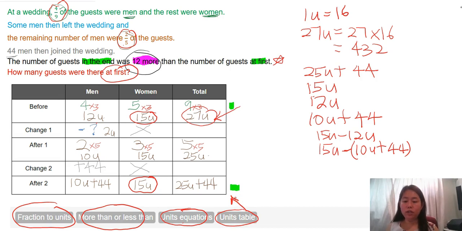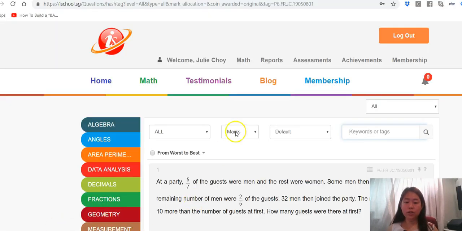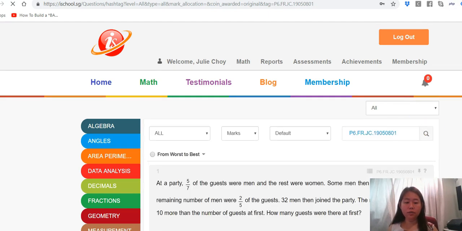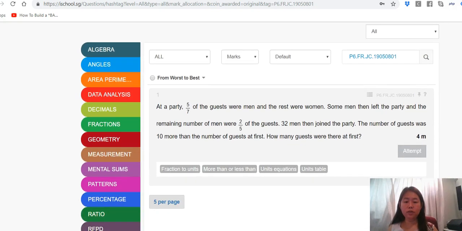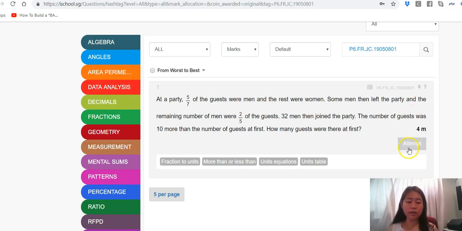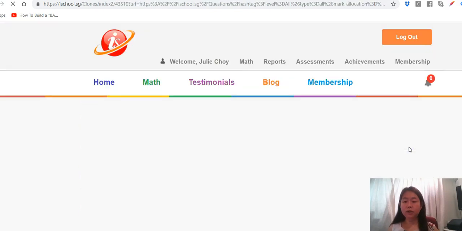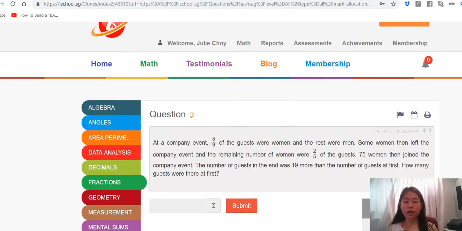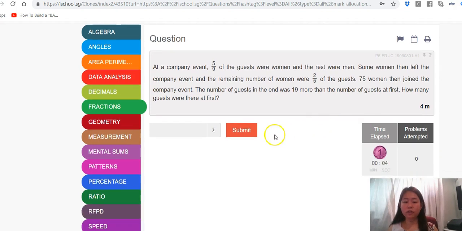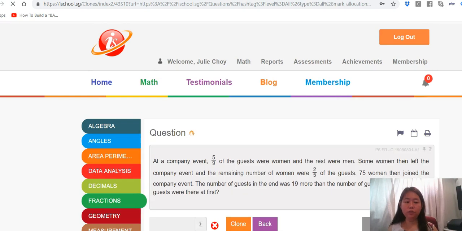To have more questions like this type, you can see it at ISchool.SG, where you can search for the question by keying in the question code number here and click search. Now we have this question, which is the question that I've just taught you, but a slightly different one. Once you click attempt, there are a lot of questions that you can try, and solutions will be provided as usual.